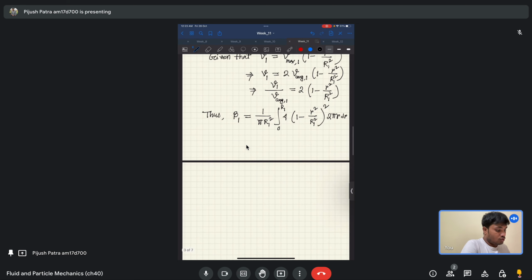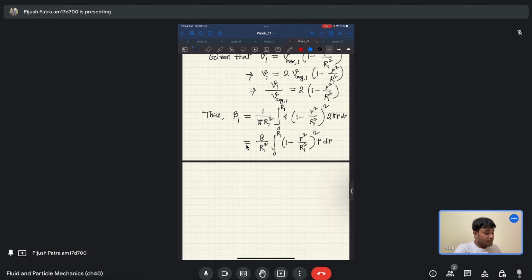Yes. So from here pi cancels out, 2 times 4 is 8, so this is 8 divided by capital R1 square into integration 0 to capital R1 of 1 minus small r square divided by capital R1 square, the whole square, into r dr.